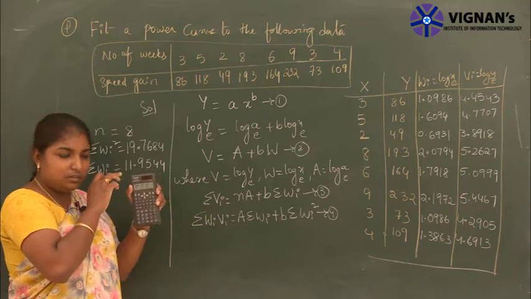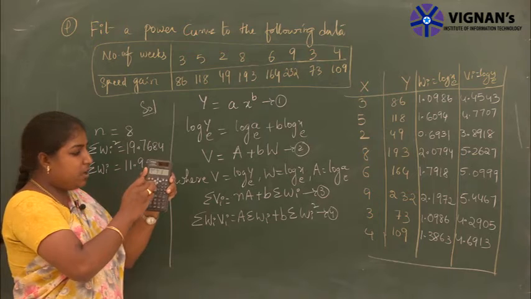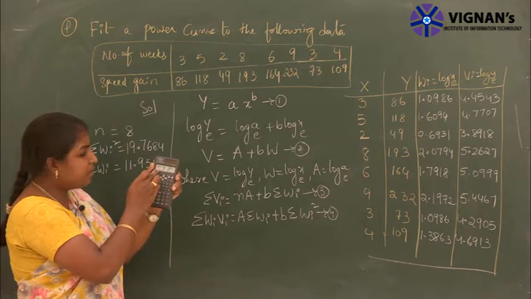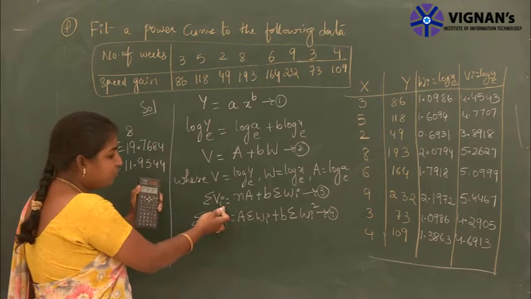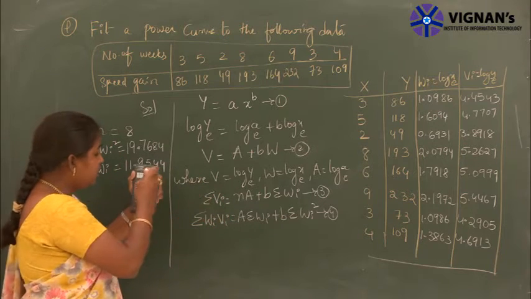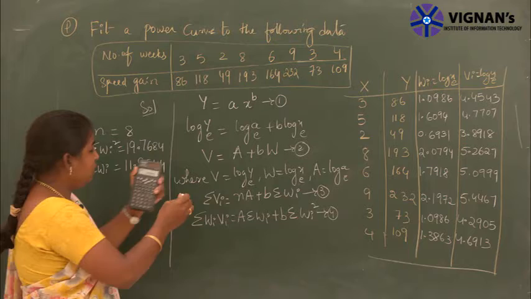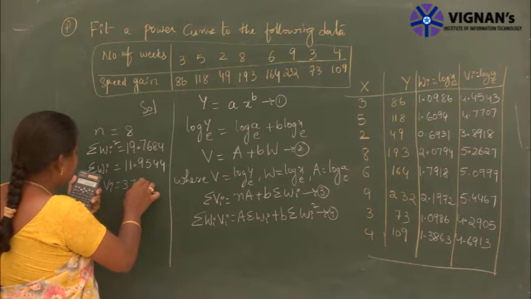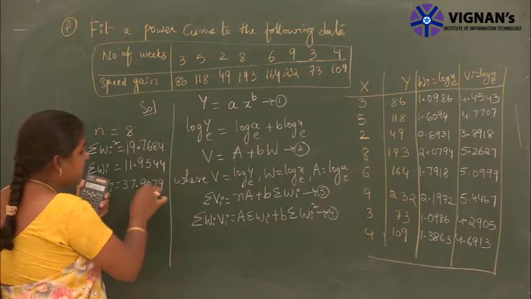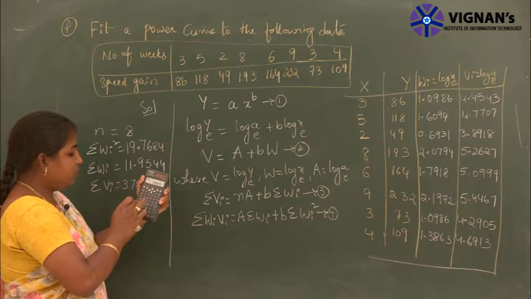Next shift 1 and next we want summation Vi. For this, in your calculator press the side arrow, summation Y. Y means in terms of V. So press 2 equal to, summation Vi is equal to 37.9079. Next shift 1.